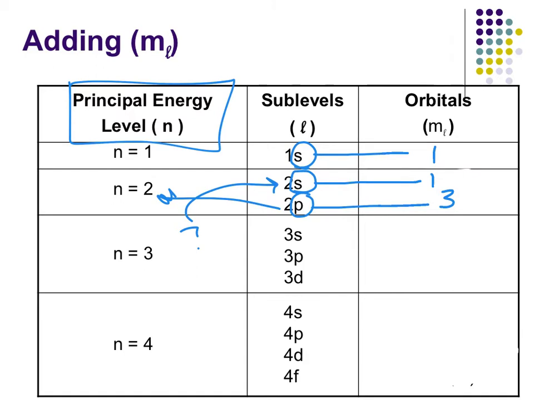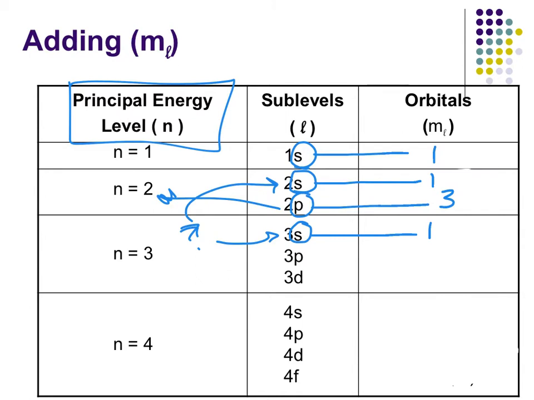How many orbitals would be in the 3s? Only 1. So what does the 3 represent? What is the 3? Again, the distance from the nucleus. So now we are just another row away from the nucleus, but the s is still a single sphere.